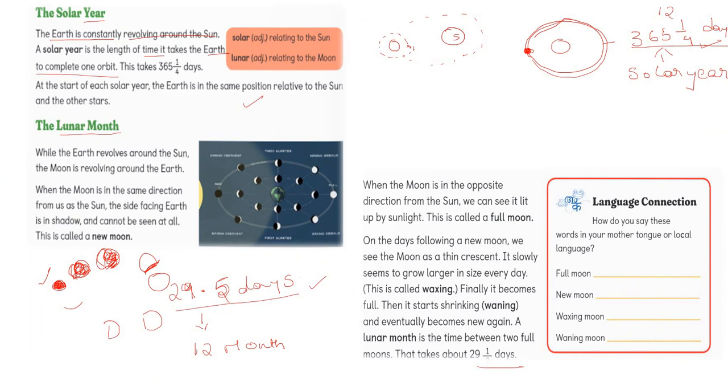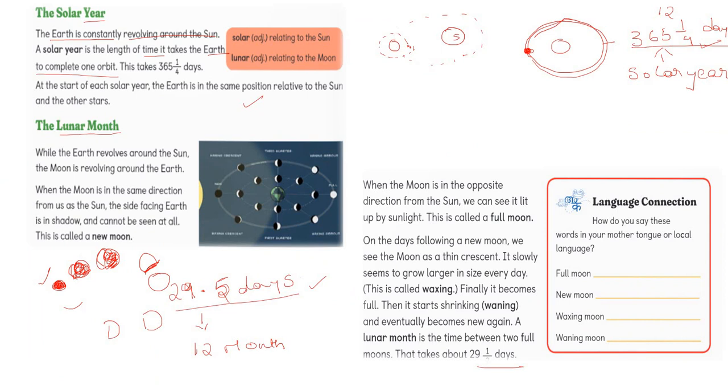Waxing moon, slowly growing. Once again children, slowly shrinking moon from full moon to new moon. పౌర్ణమి నుంచి అమావాస్య ఏమి పక్షము? కృష్ణ పక్షము. ఒకటే గుర్తుంచుకోండి, from white it is becoming dark. కృష్ణుడు నలుపు, నలుపులోకి వెళ్ళిపోతుంది కాబట్టి కృష్ణ పక్షము.